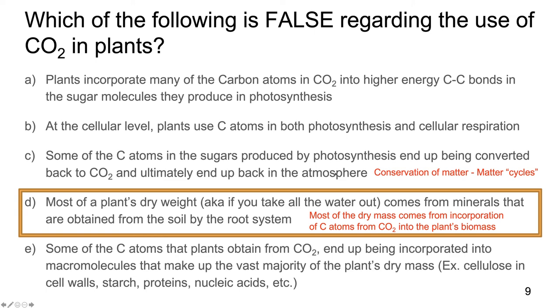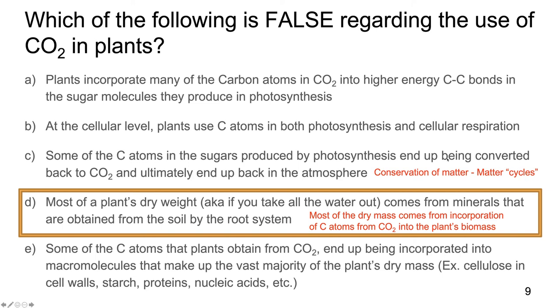This lends to the idea of the conservation of matter. Organisms can't produce carbon out of nowhere. They have to get those carbon atoms to make different macromolecules, and the carbon that makes us up has to come from somewhere. In turn, that carbon never gets destroyed. A lot of it ends up being released back into the atmosphere.